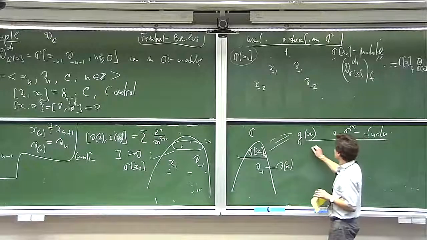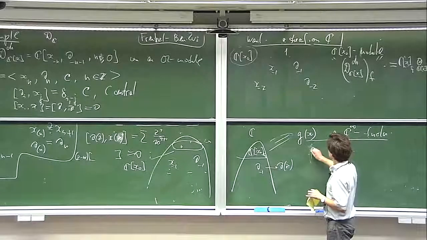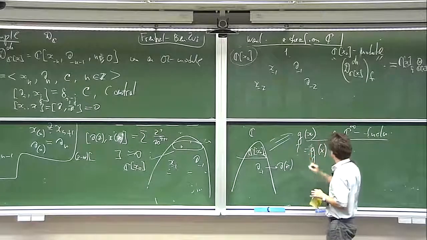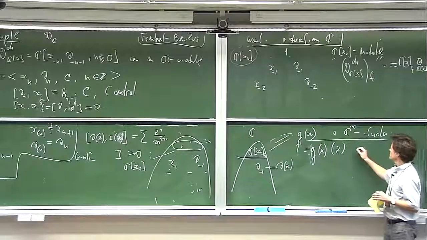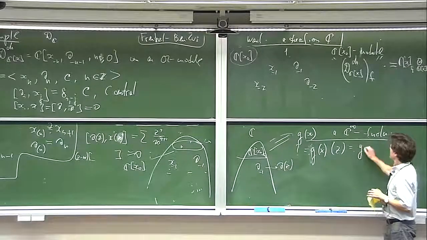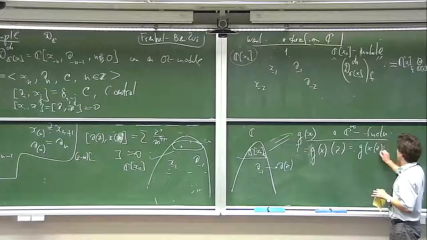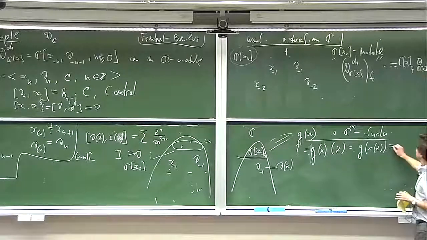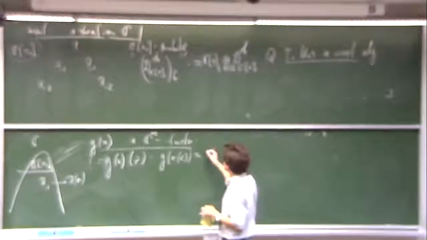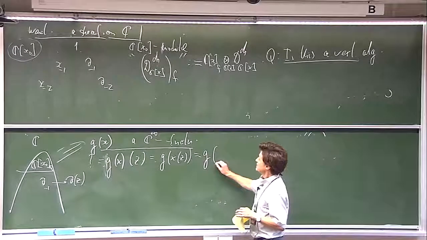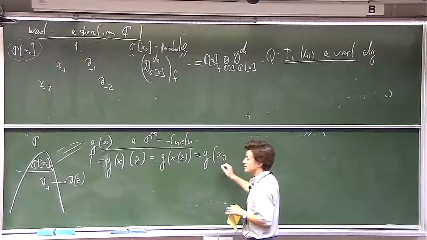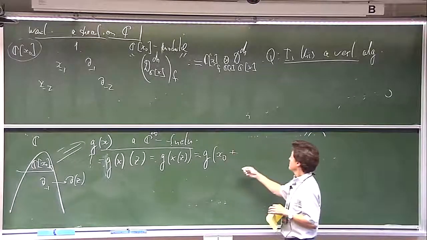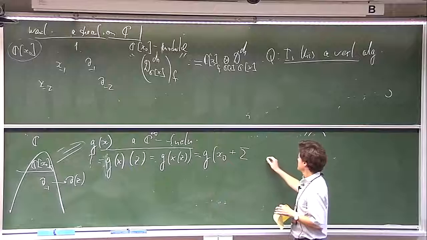So I want to make sense out of this, so I want to define this. Or, informally speaking, I want to plug x of z into g. Yeah, so x of z is an infinite sum. It has a constant term, and then a bunch of non-constant terms.